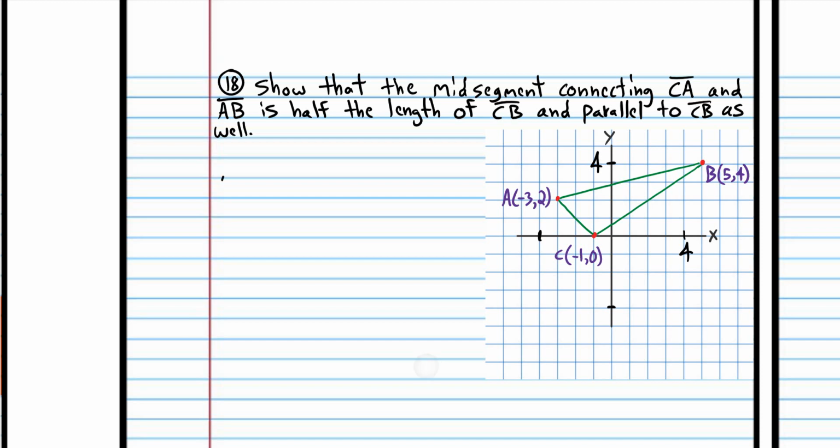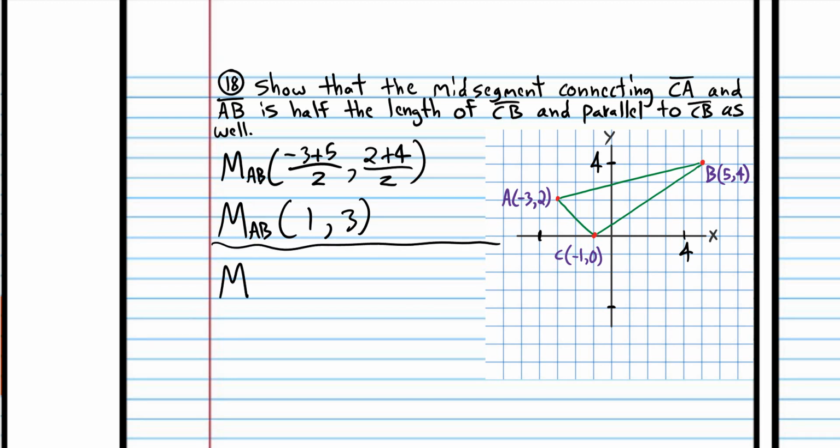So first, let's find the midpoint between A and B. We're just using the midpoint formula. So the midpoint between A and B is (1, 3).